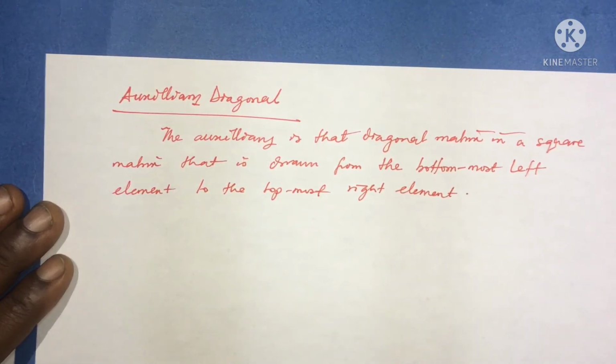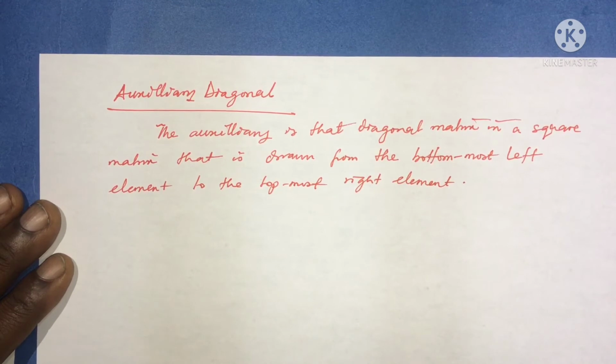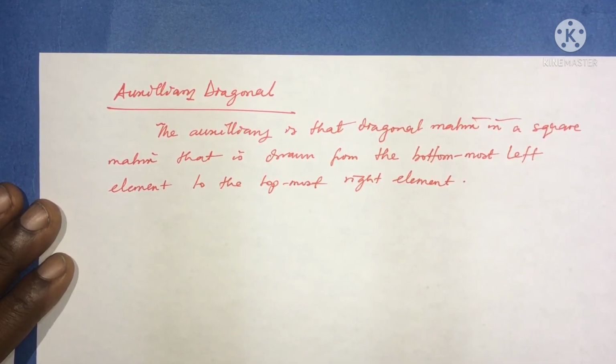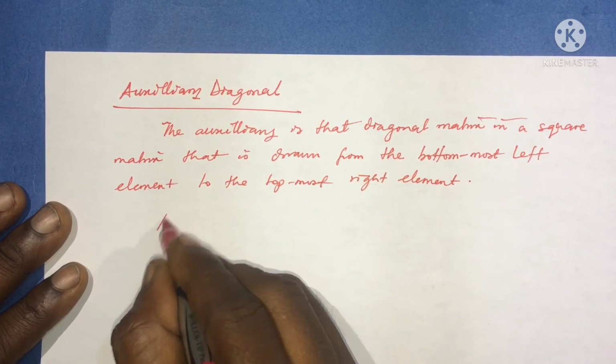So unlike the principal diagonal that is drawn from the topmost left element to the bottommost right element, this one is drawn from the bottommost left element to the topmost right element. Okay, now what other names do we call the auxiliary diagonal?